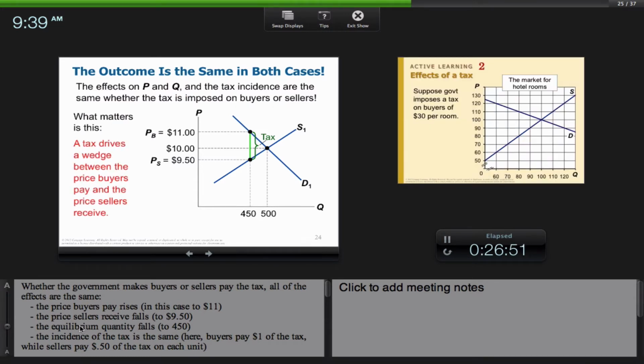Matters. A tax separates buyers and sellers from their original equilibrium.